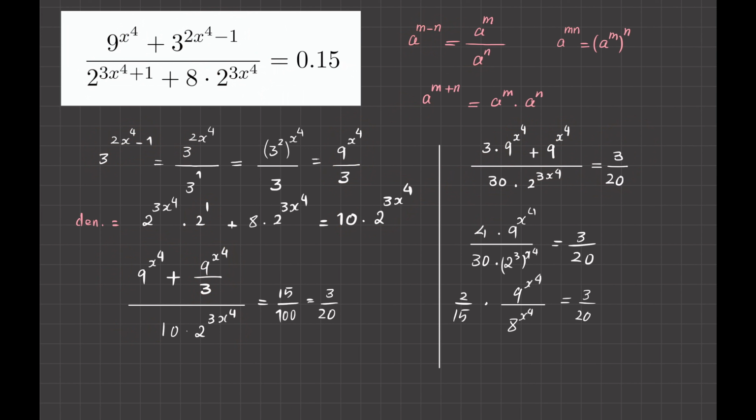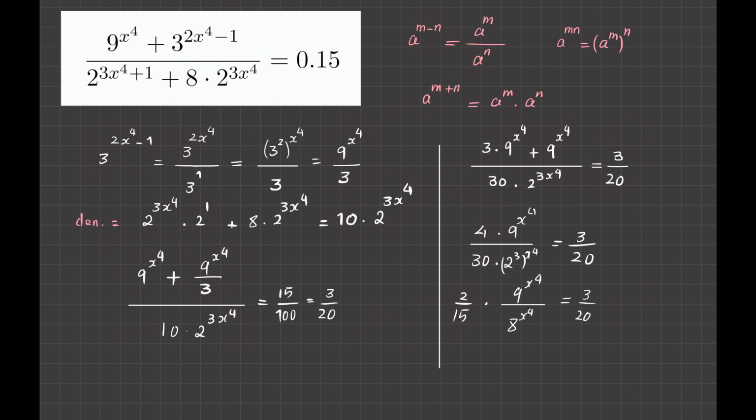What I will do now, I want to get rid of this factor on the left hand side. So I will multiply both sides by 15 over 2. The 15 over 2 that I multiply to the left will cancel that one, but then I will have a 15 over 2 here.